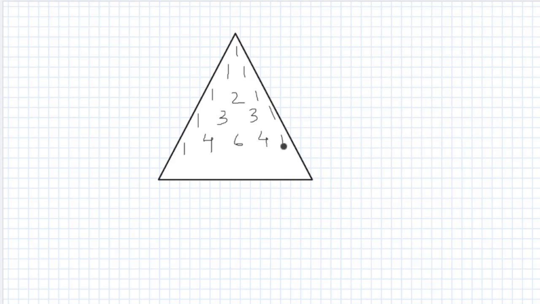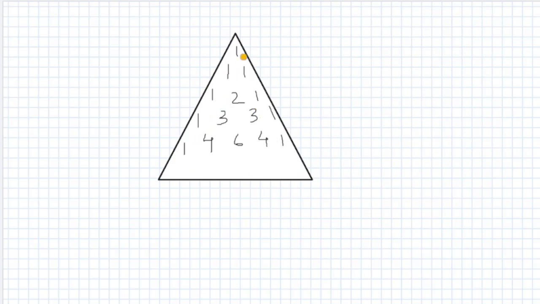Now if you can see one thing, that this is 1 1 1 1, so all the corners are 1.